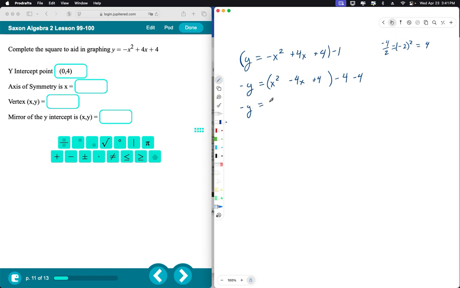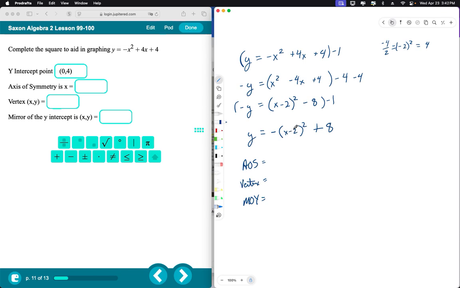Negative y is equal to x minus 2 squared minus 8. Multiply everything by negative 1. Y is equal to the negative, or the opposite, of x minus 2 squared plus 8. So we need our AOS, our vertex, and our MOY.